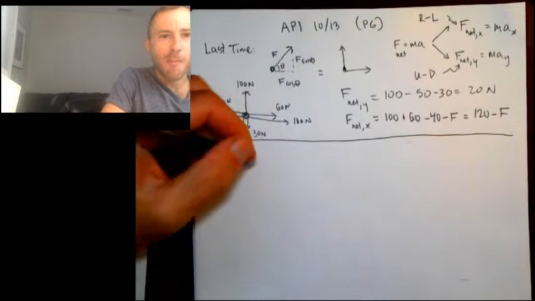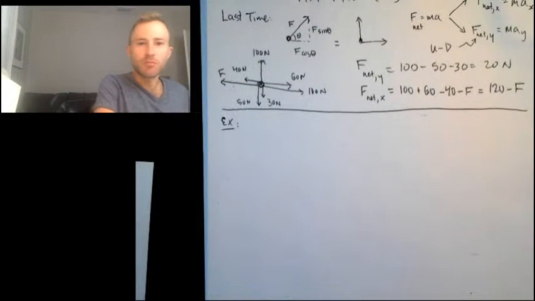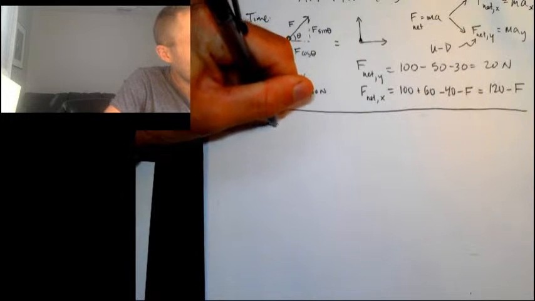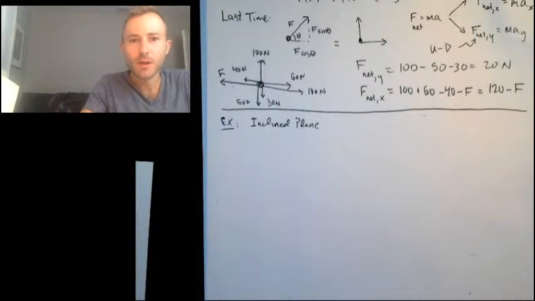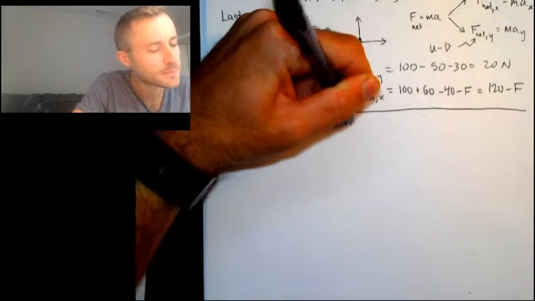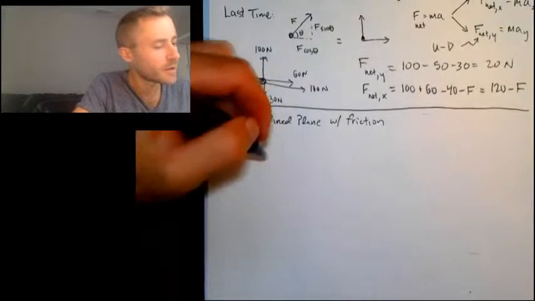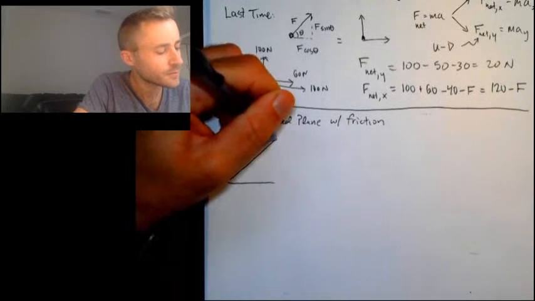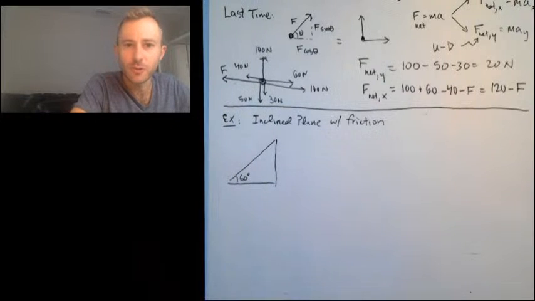So for the first problem, all right, let's consider an inclined plane. So this would be like the skier problem, but let's have friction. An inclined plane with friction. Okay, so let's go ahead and draw the incline. It's a 60-degree incline, so quite steep.